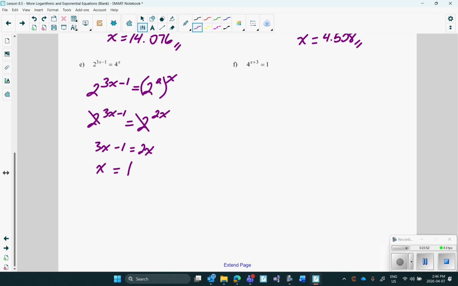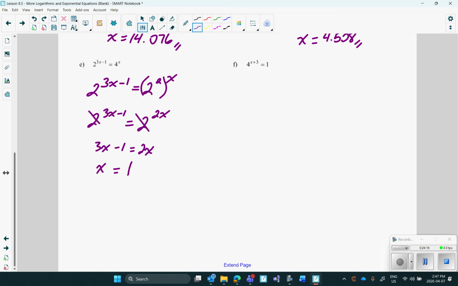How about F? Can you log both sides? Well, you can obviously log both sides, but can I write them in the same base? You said log.